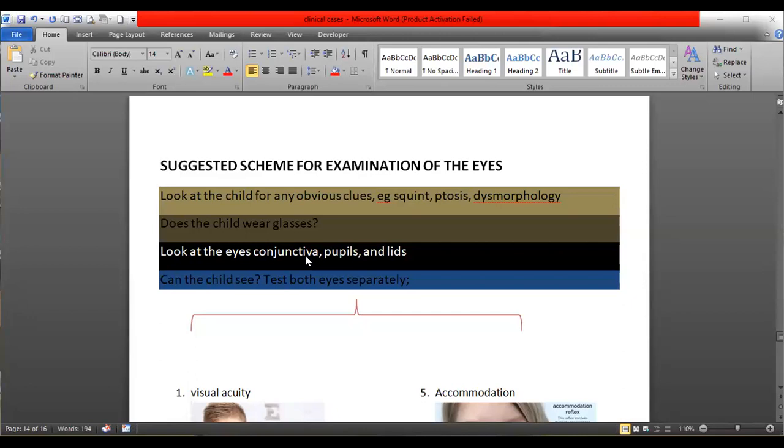MSK. Yes, that is joint examination. So in order to continue my examination, I would also like to examine the joints. This comment needs to be added.